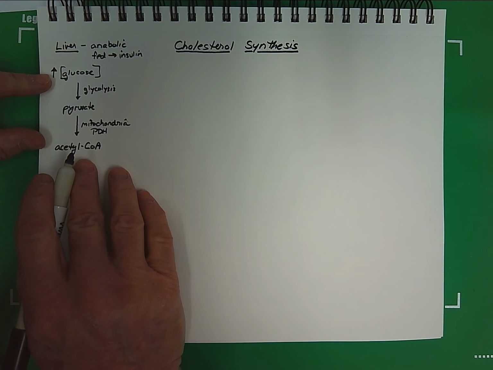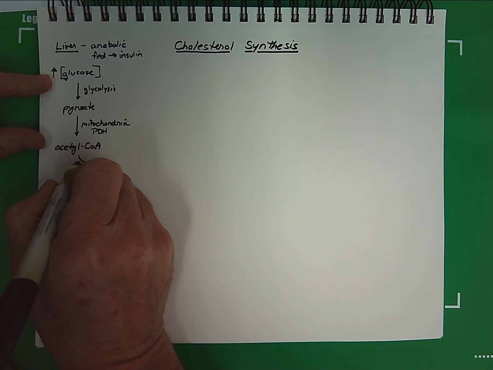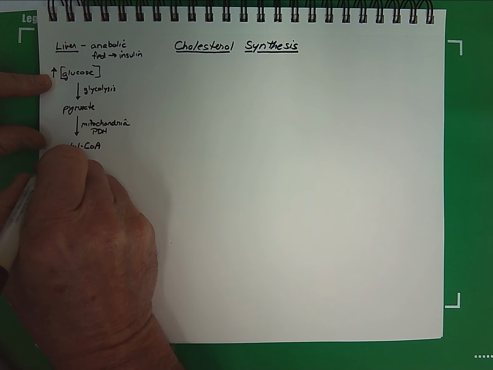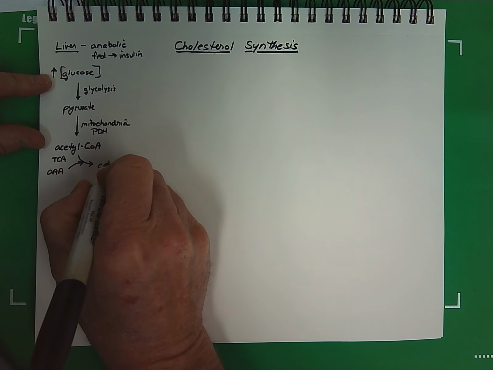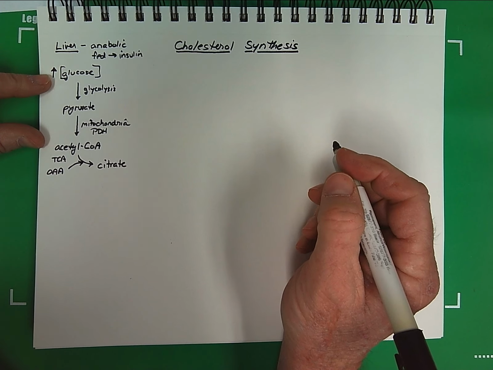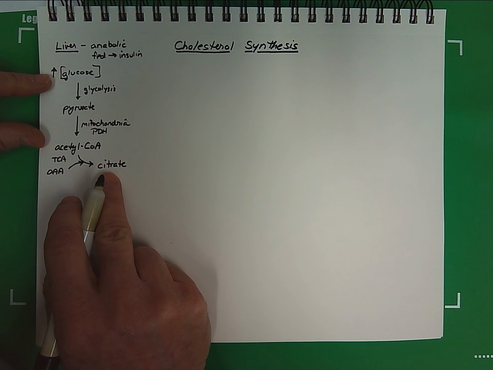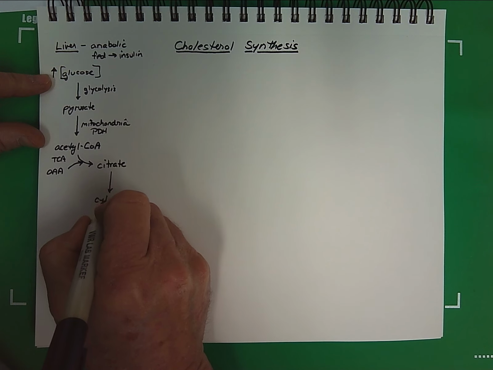Now, once we have acetyl-CoA, this will, of course, condense with oxaloacetate in the TCA cycle, and we are going to form citrate. Now the citrate, like in fatty acid synthesis, is going to be exported into the cytoplasm.